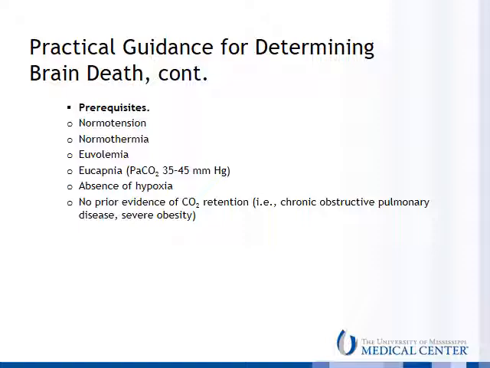And then once all of these things are established, we can say, okay, we have done everything we can do to assess someone's ability to have a response, and we've not been able to elicit one. We have repeated this test over time and it has remained constant. Then we can make the determination of brain death.